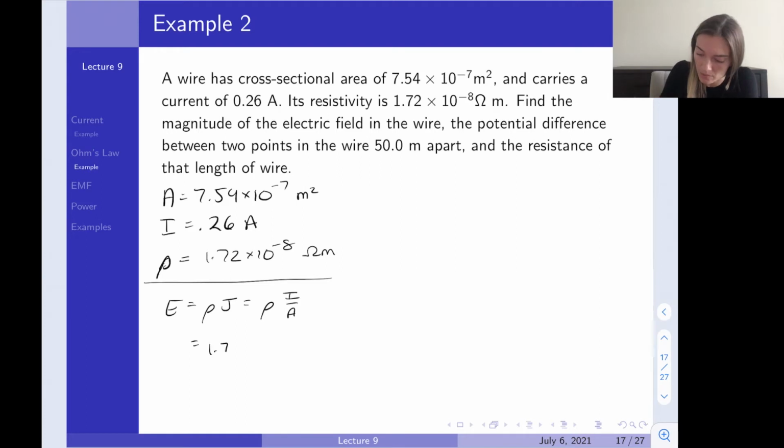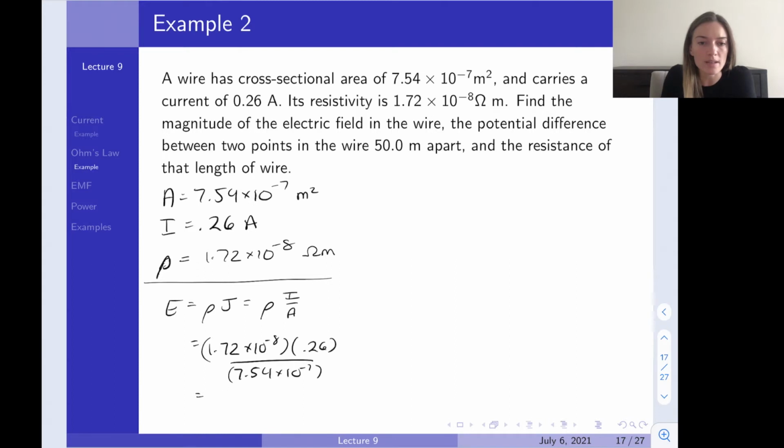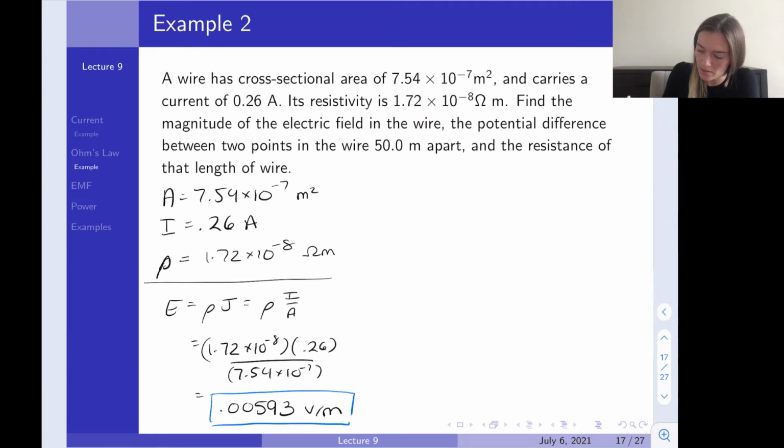So rho is 1.72 times 10 to the negative 8. The current is 0.26 amps, and the cross-sectional area we're given is 7.54 times 10 to the negative 7. So just plug all that into your calculator and you get 0.00593 volts per meter. So this is the magnitude of our electric field. Okay, so that was relatively straightforward.